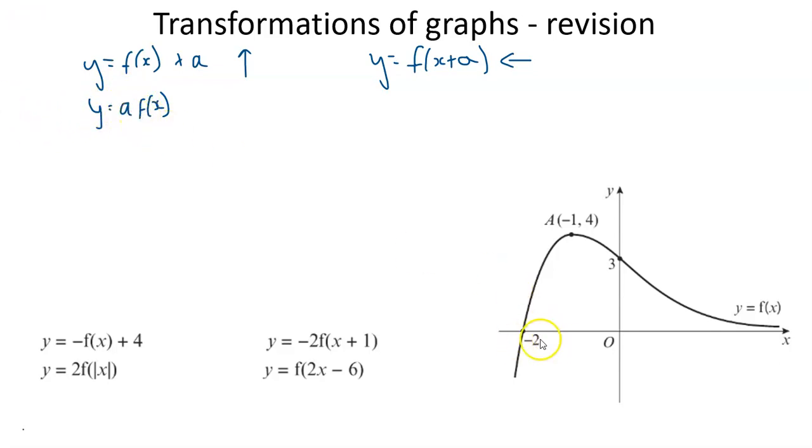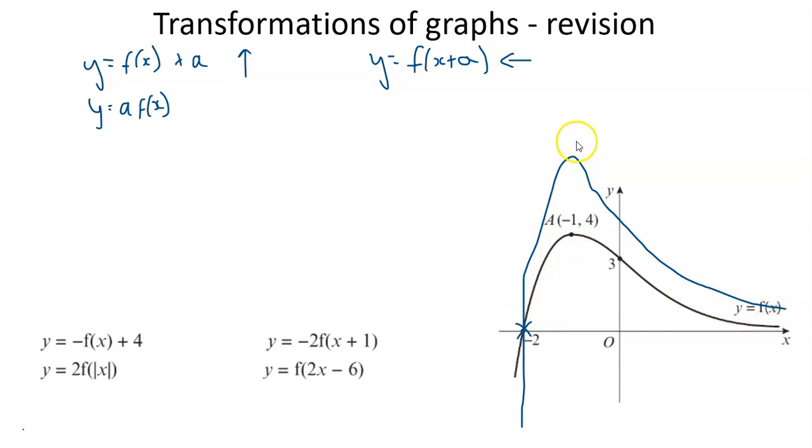Okay, swiftly on, y is a function of x, but this time we multiply the whole function by an amount, a, to keep it general. That's going to keep things the same on the x-axis, but make things a times taller, and underneath it's going to make it negatively taller.